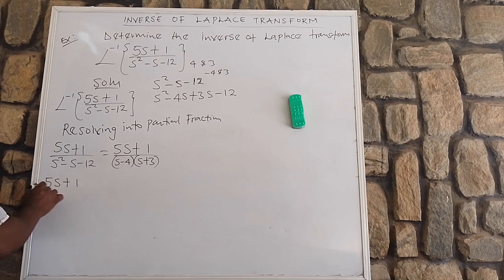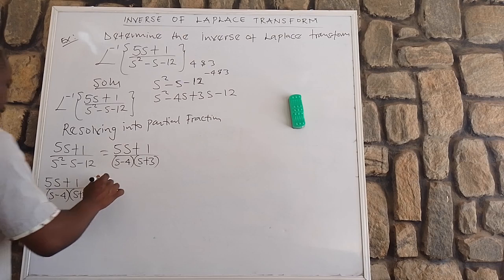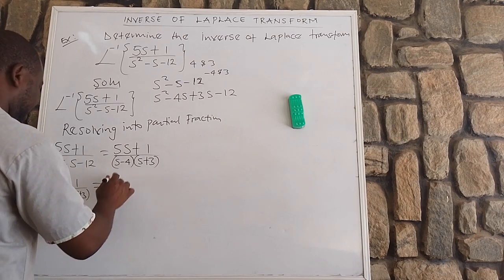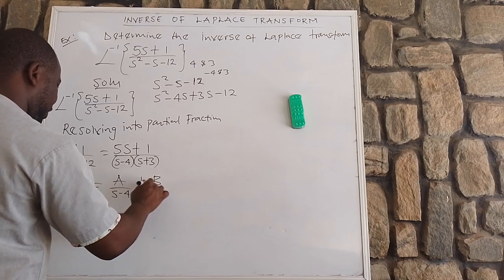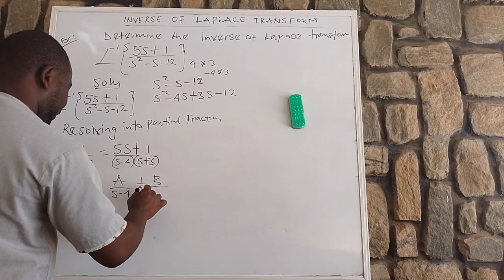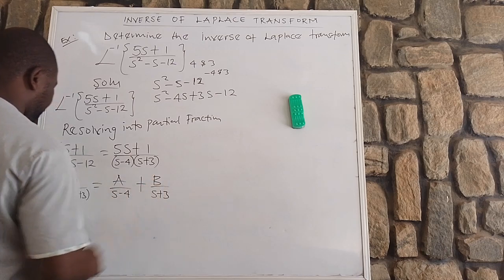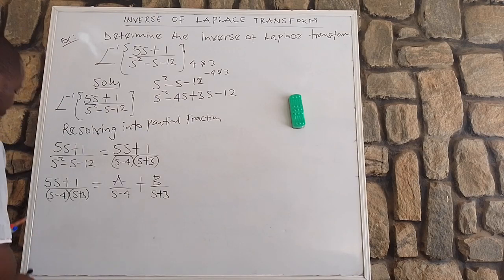(5s + 1)/((s − 4)(s + 3)) is now equal to A/(s − 4) + B/(s + 3). Then we look for the LCM.